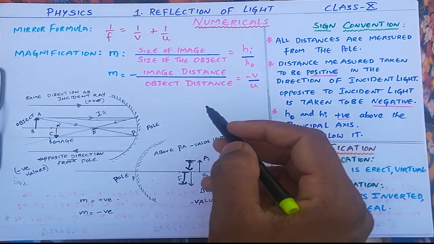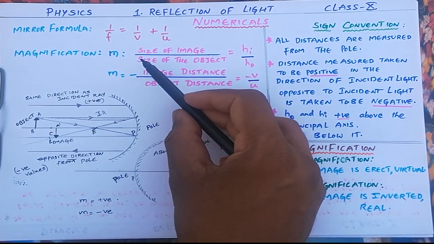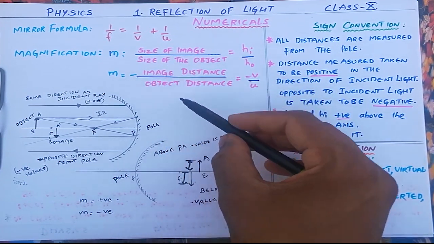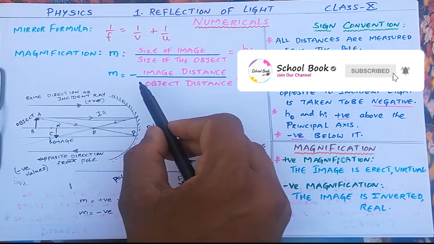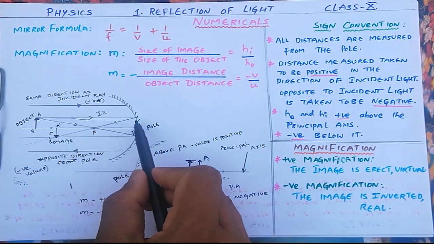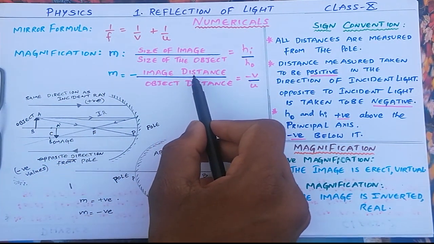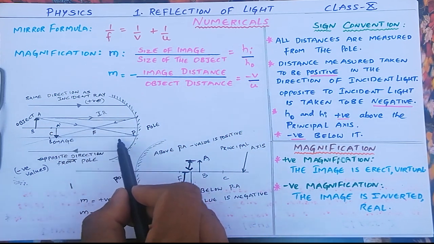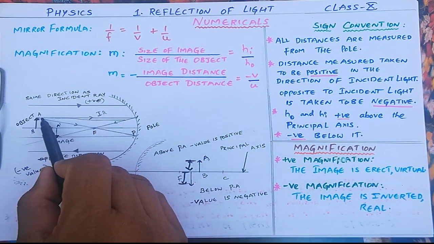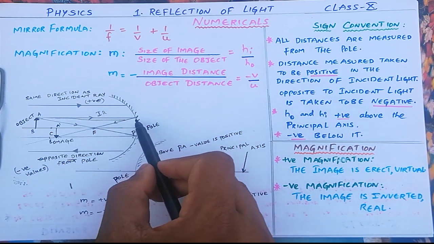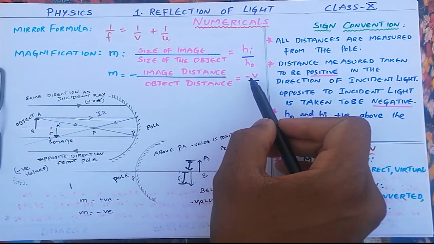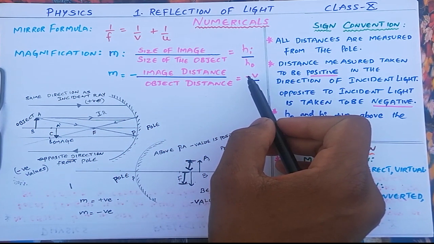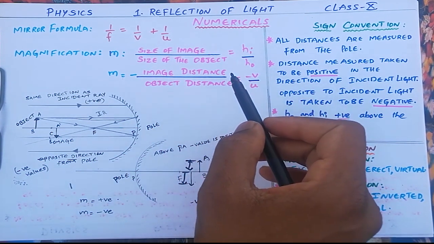This ratio gives magnification. And not only with the size, that means the height, we also have it according to the distances: the ratio of the image distance by the object distance, which is also measured from the pole. That is also called magnification, with a negative sign. Okay, these are the formulas.